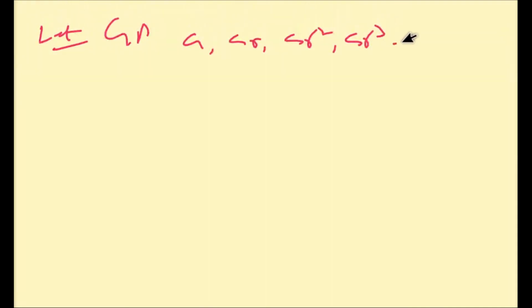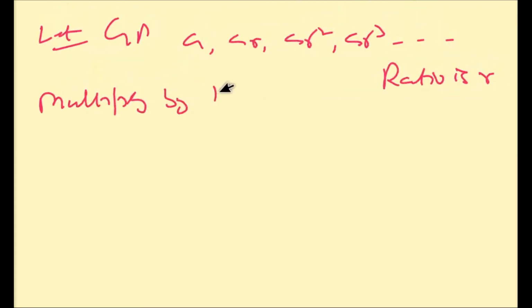So we can say there is a formula. If we only multiply or divide each term in a GP by a constant, then it will be in GP and the common ratio will not change. Now you can see, let GP be A, AR, AR square, AR cube, and so on, ratio is R. Now multiply by K in each term. What do we get?